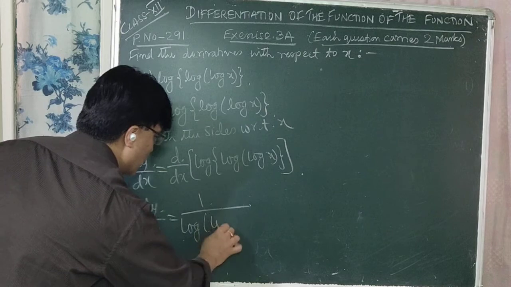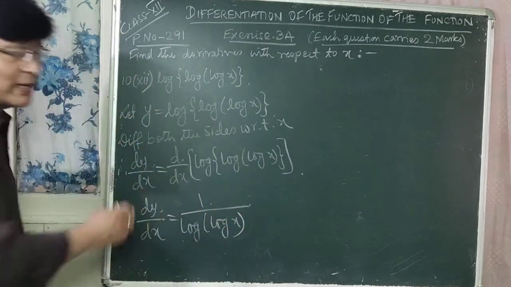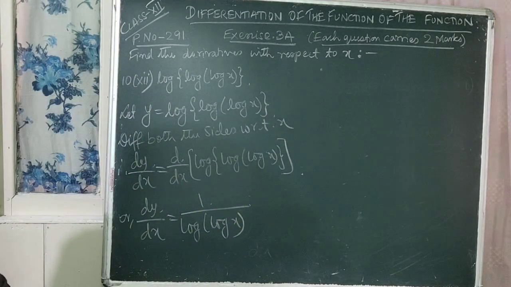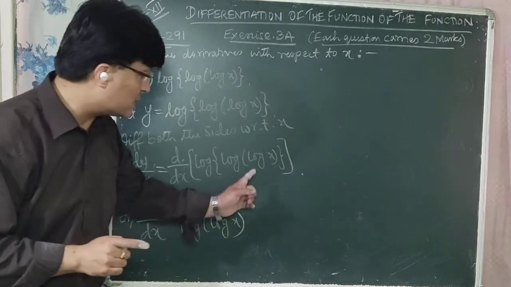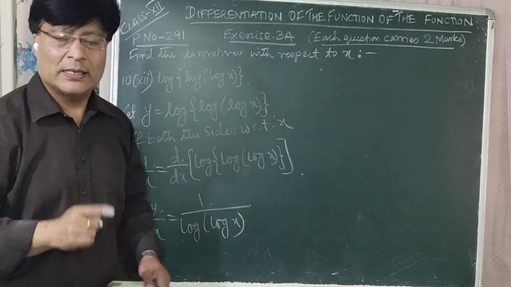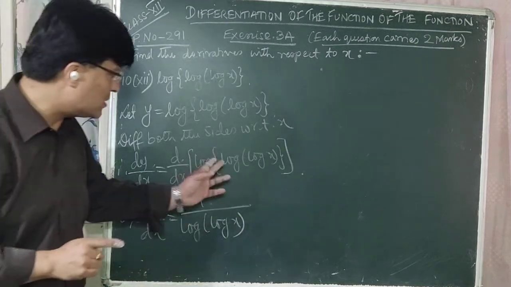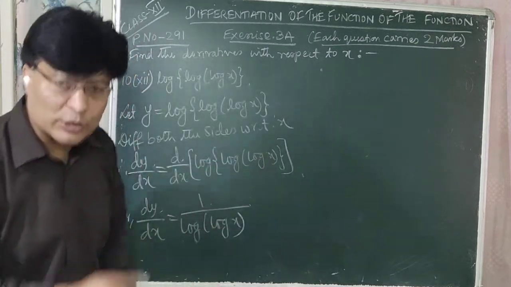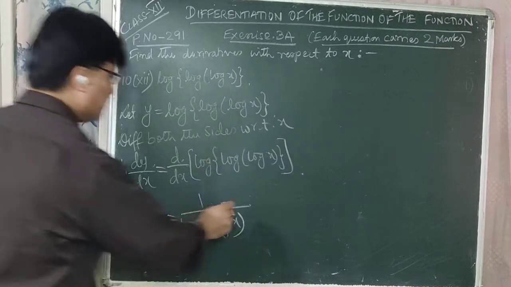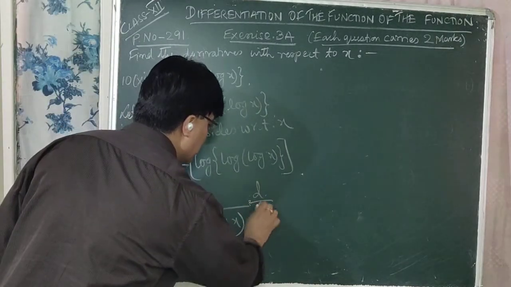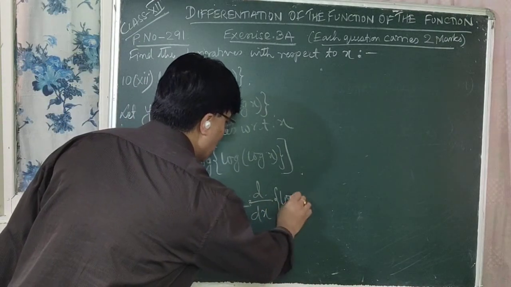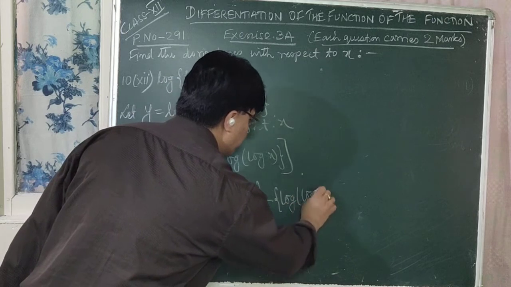It is log of log x. That is 1 by log of log x. Now which function is taken as x? Log of log x. You have to differentiate the term which is assumed as x. That is, log of log x is also to be differentiated. That is into d by dx of log log x.